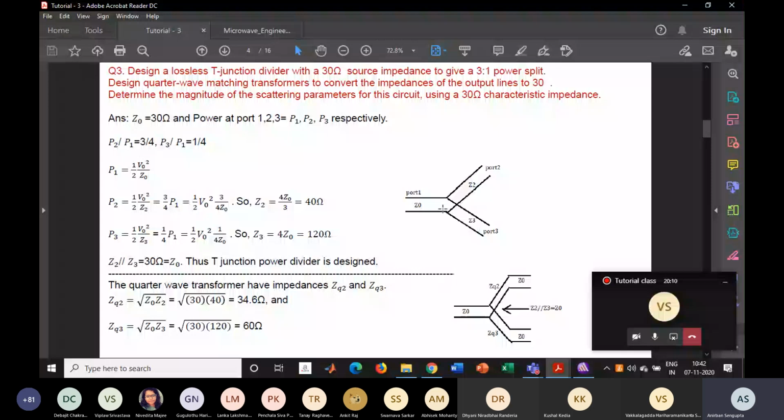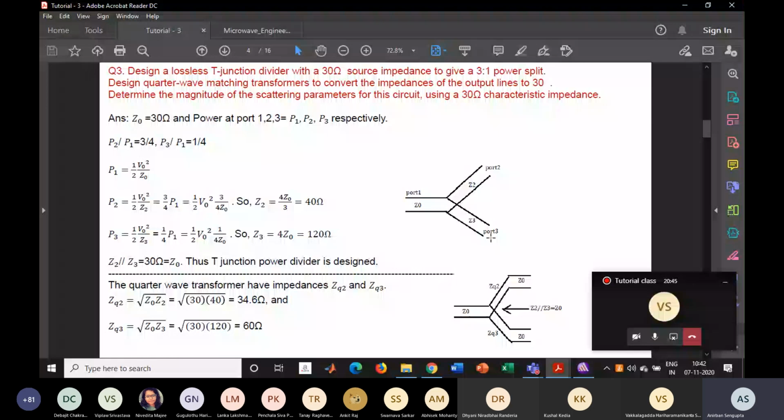But in this case, these two impedances are different. So if you fabricate the circuit of an unequal power division, you will find that this Z2 line of 40 ohm will be thicker and this Z3 line of 120 ohm will be very much thinner.